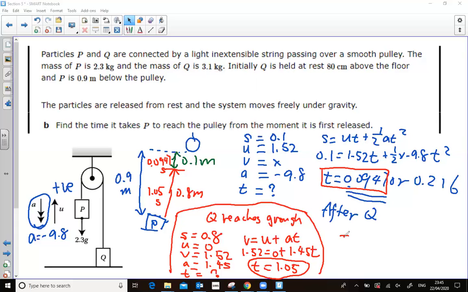So that means altogether, the total time taken for P to travel 0.9 meter to reach the pulley would equal 1.05 plus 0.0947. And that will come out to be 1.14 seconds. And that's your final answer.